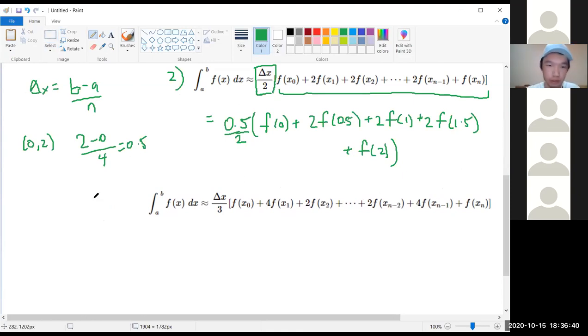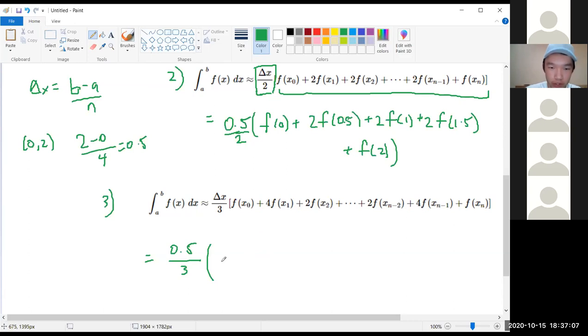Here is the formula. We have delta x over 3. We know that delta x is 0.5, and then we put that over 3. We're going to use the same x values, but the coefficients will be different.